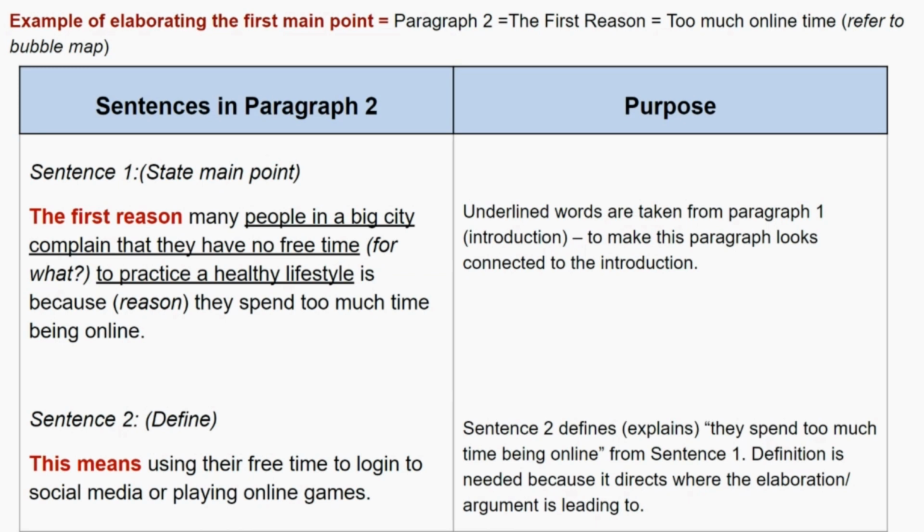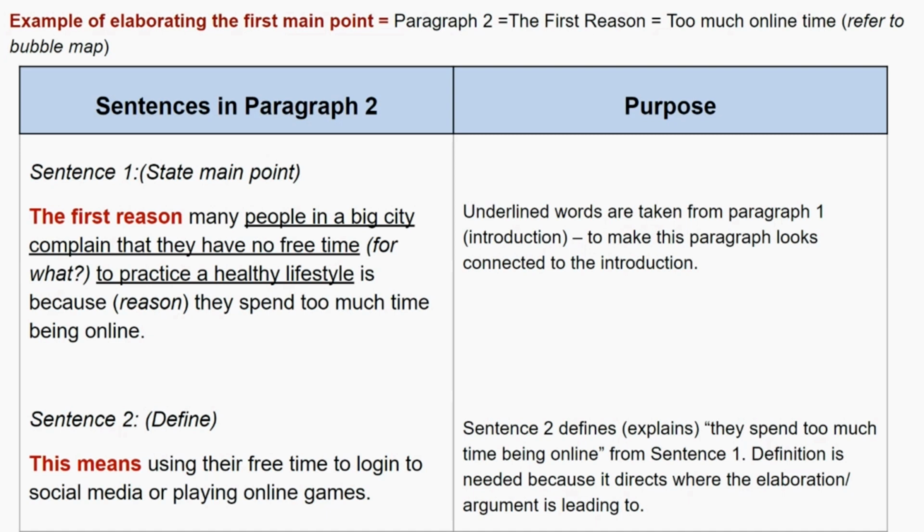Example of elaborating the first main point, which is paragraph 2, which is the first reason, which is too much online time. Sentence 1 in paragraph 2, stating the main point.